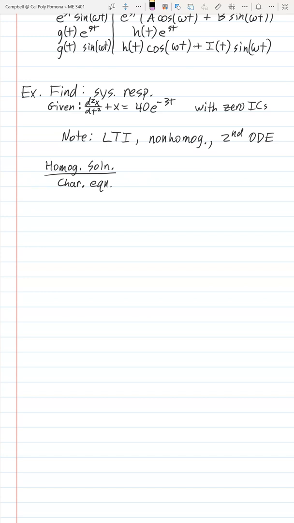So for this characteristic equation, when we look at the order of these derivatives and the coefficients associated with those particular forms of the function, we clearly get a 1 times s squared for that second derivative. Well, that can just be s squared. And then we just get the coefficient of x by itself, which is just 1. And of course, we set that equal to 0.